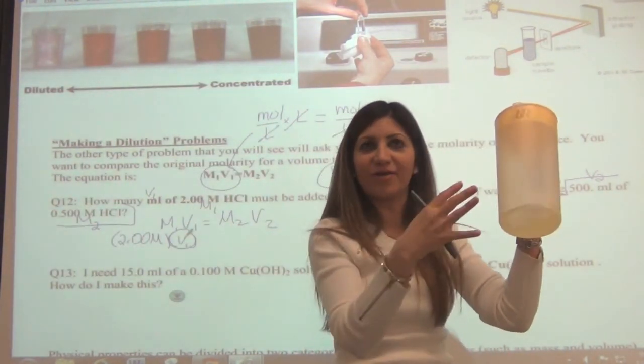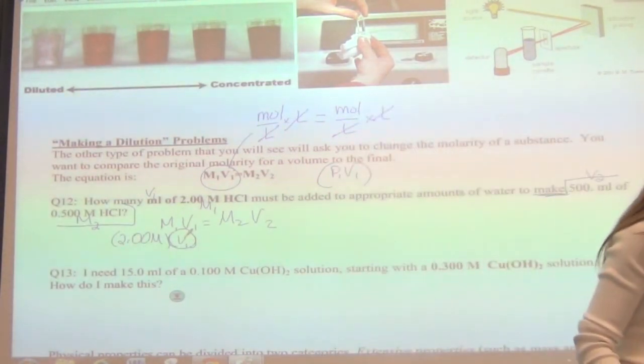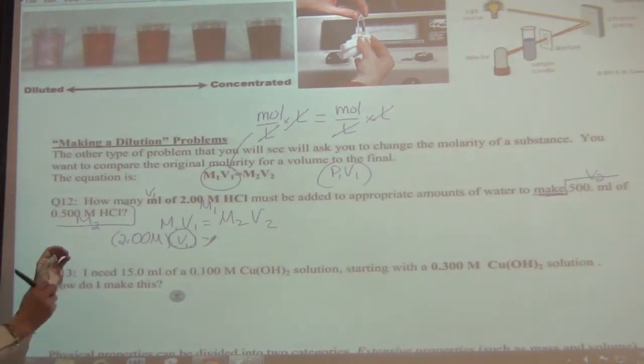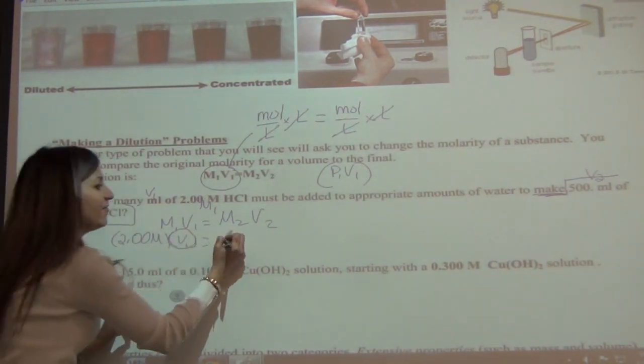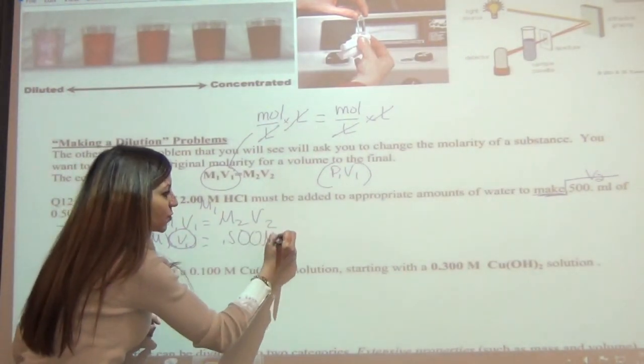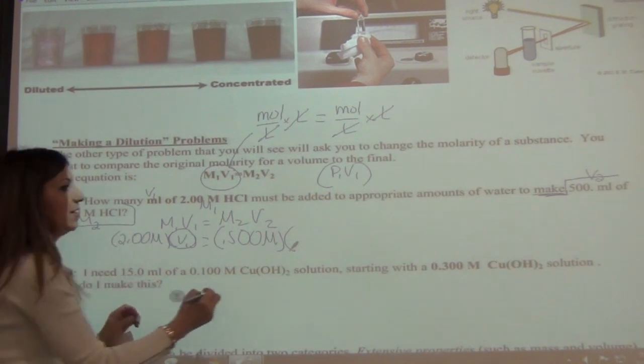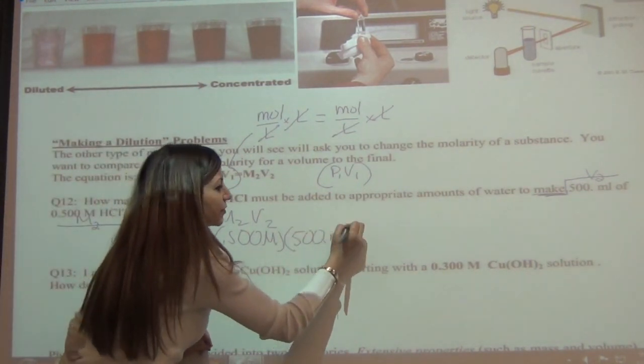Don't mess with our entire solution. So in this case, M2 would be what? What's your final molarity that you're trying to get? 0.5. Yep, 0.500 molar is what we're trying to get. And our final volume we want is 500 milliliters.